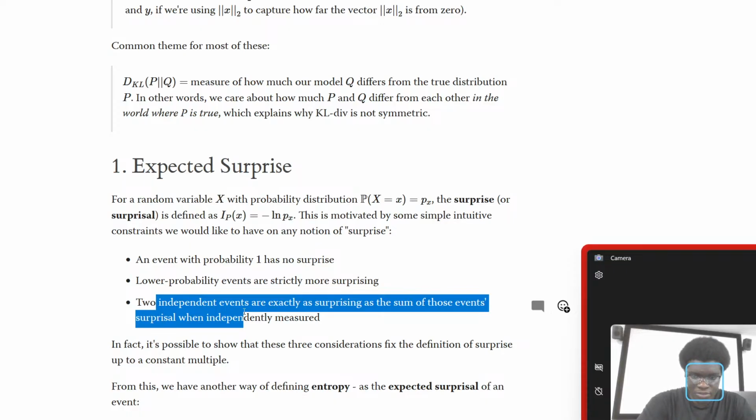And then it's possible to show that those three facts fix the definition of surprise up to a constant multiple. Okay. Could I derive that? Probably. I guess so.